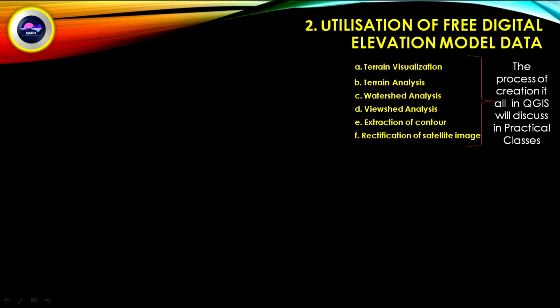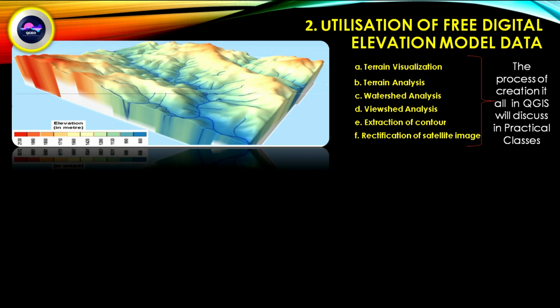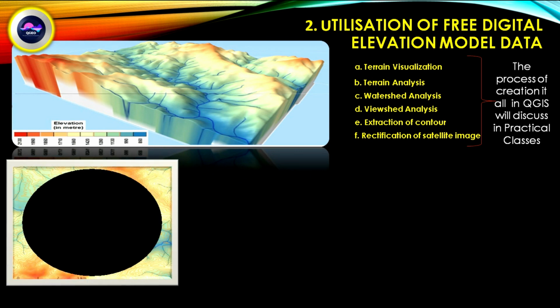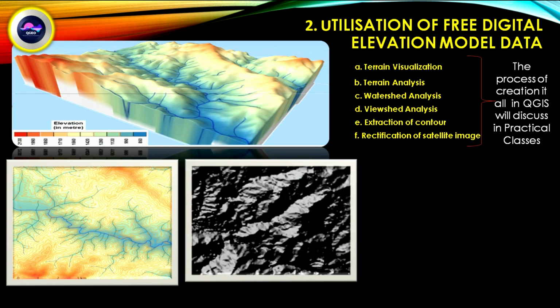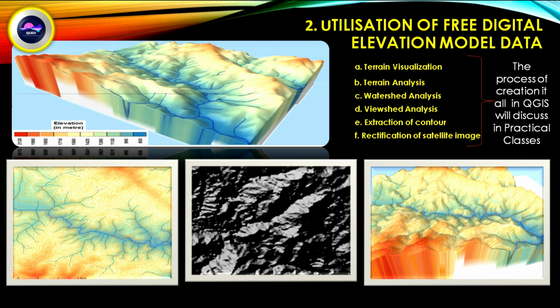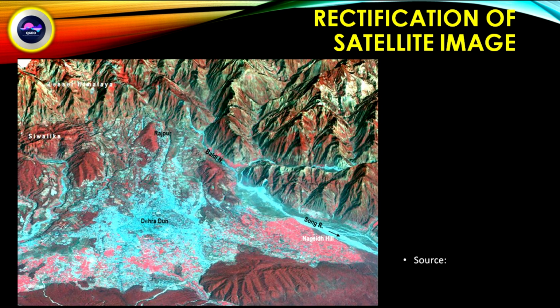Here the terrain visualization, contour map, here the watershed analysis map, here the 3D image, contour with 3D image, and here the rectification of satellite image source from IIRS ISRO Dehradun.